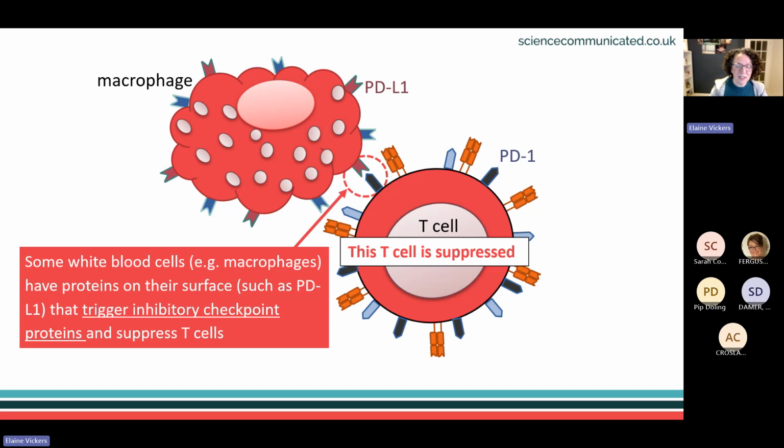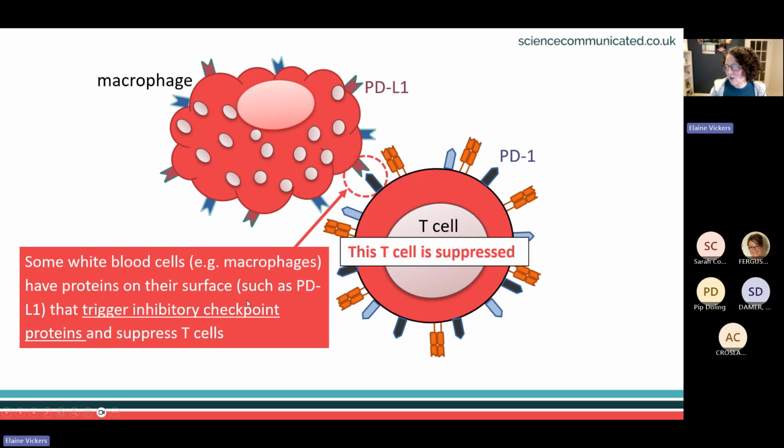So these activated T cells are sending out signals telling other cells in their vicinity to get ready for when the T cell's job is finished. And what those neighboring cells do is they start putting proteins on their surface that trigger the inhibitory proteins on T cells.